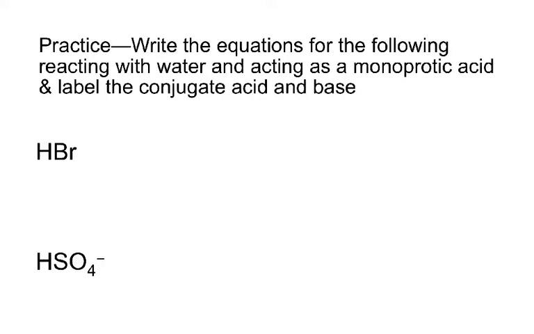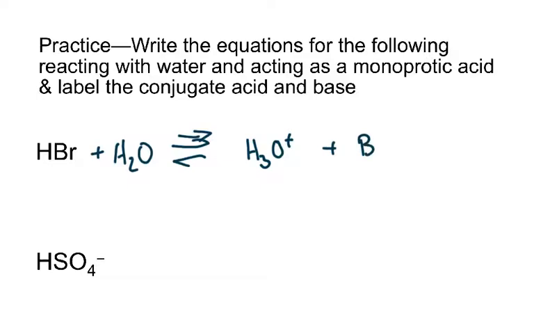Okay. Write the equation for the following reacting with water and acting as a monoprotic acid, and label the conjugate acid and base. So HBr plus H2O. Write our equilibrium arrows. In this case, it's pretty much just that way. Goes to H3O+ plus Br-.